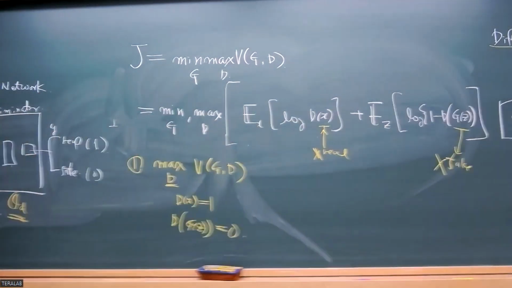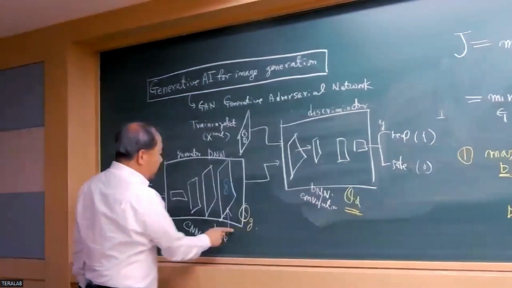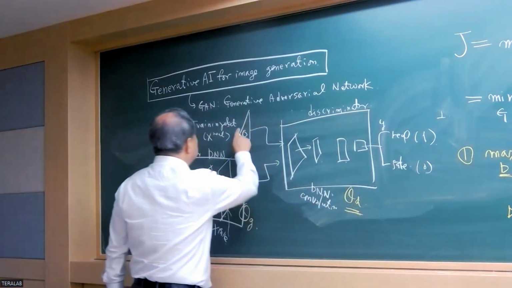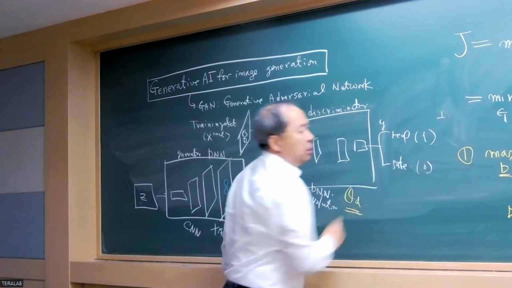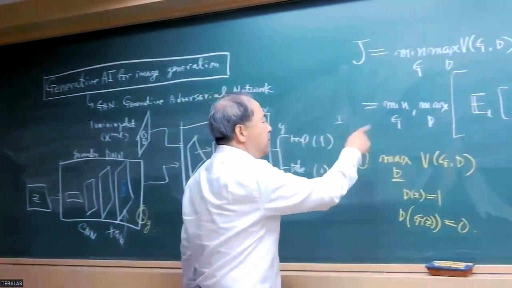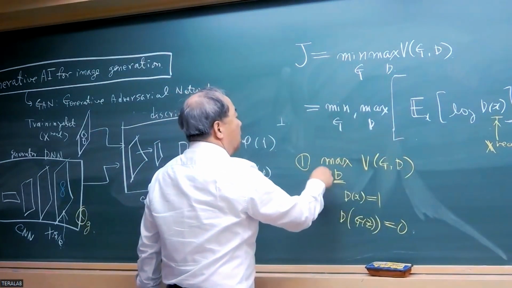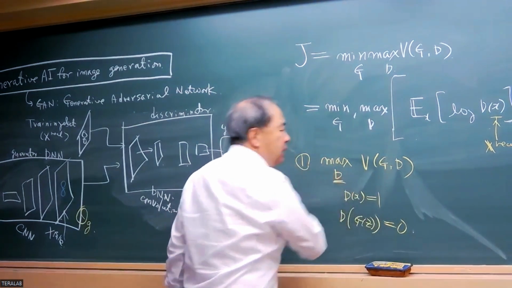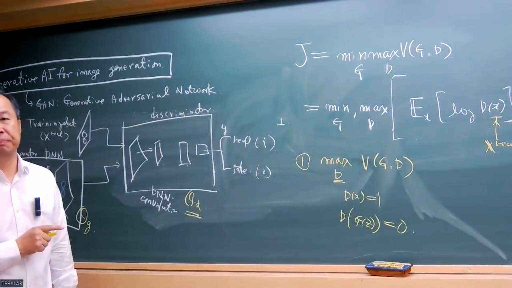It has to train so that fake image output should be 0 and real image output should be 1. That is the mathematical description of maximizing loss function by training the discriminator.